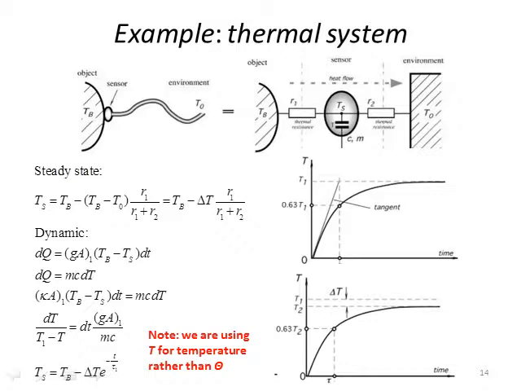But you can also see that it's going to rise with a time constant, tau 1. That's a function of the thermal conductivity, the mass, and the specific heat of the sensor head, and also the connecting wire that you see, this little wiggly thing that moves from the sensor to the ambient.